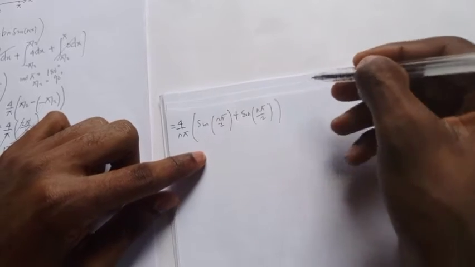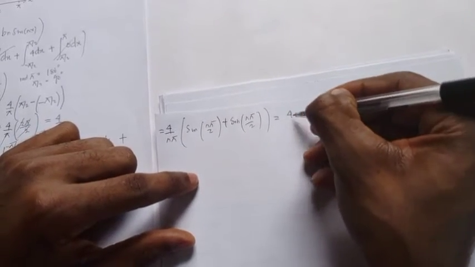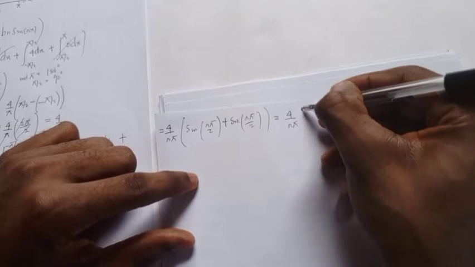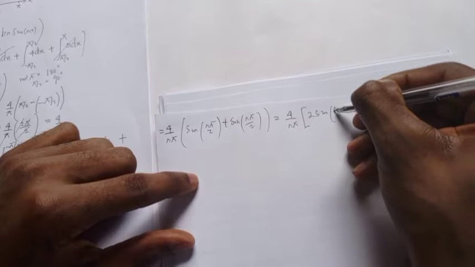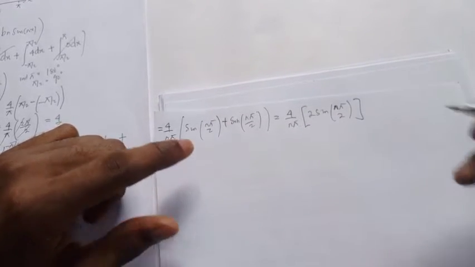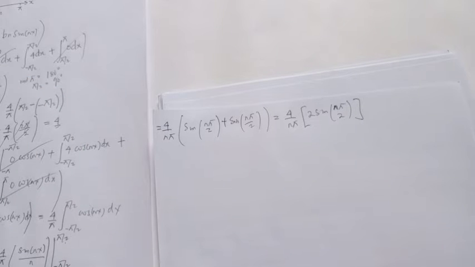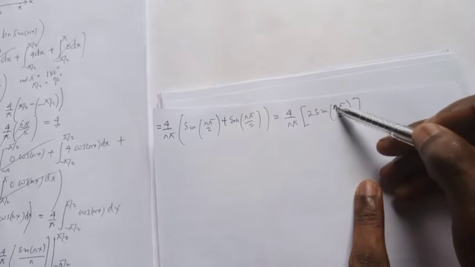Now if we add these two functions, this is equal to 4 over n pi of 2 sine n pi over 2. So the next thing we are going to do is evaluate this n.